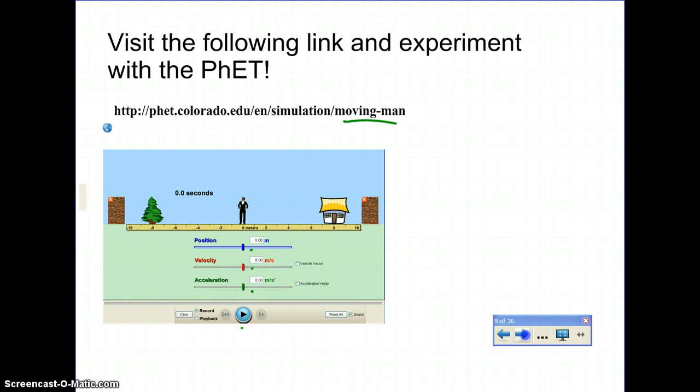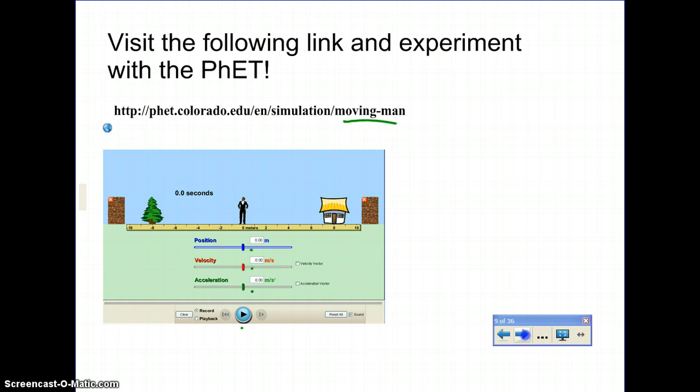When you do that, I think it really will help you come to a better understanding of instantaneous velocity and its relationship to position-time graphs. Just remember that the slope of any position-time graph will always give you velocity, and the slope of any velocity-time graph will always give you acceleration. That's a very important thing to remember, all right? And I think you need to spend some time with this.